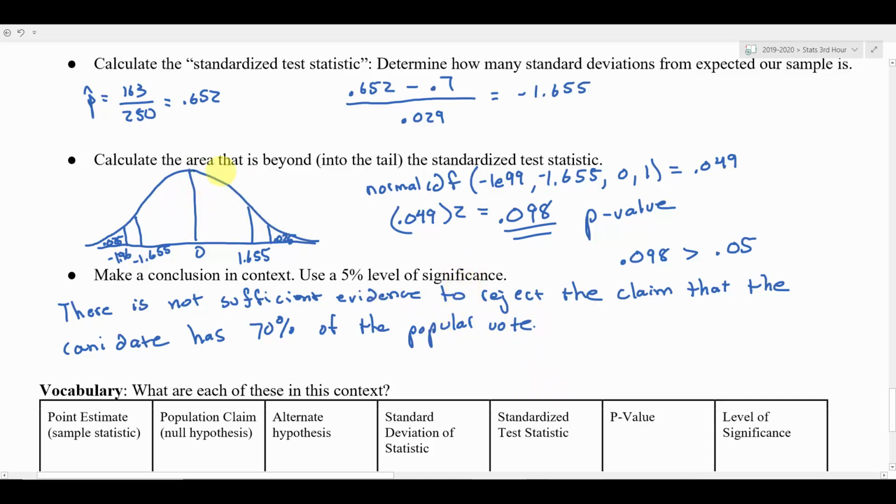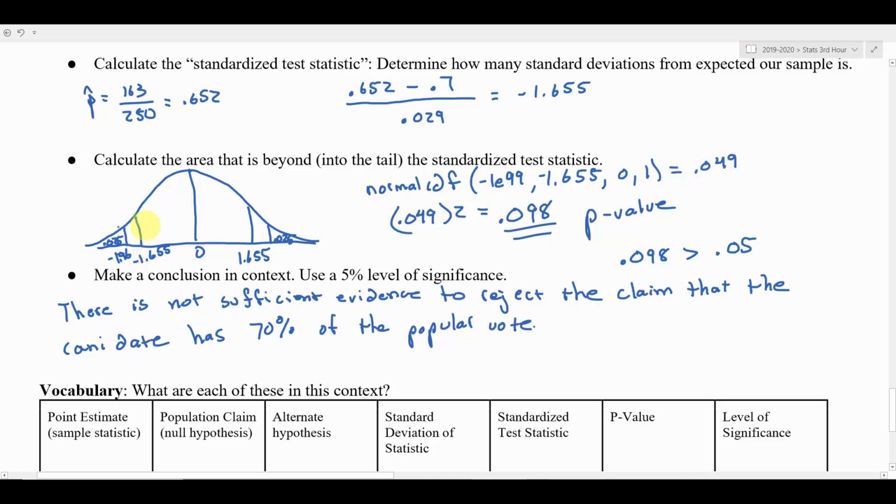I know the two-tailed test can be a little bit confusing. What I always do with the two-tailed test is I establish that I take that level of significance and I split it up between two tails, and I look at this area over here, this 0.025. That's the area that I would have needed in that left tail for this test. But when I ran my normal CDF on that left tail only, I got a 0.049.